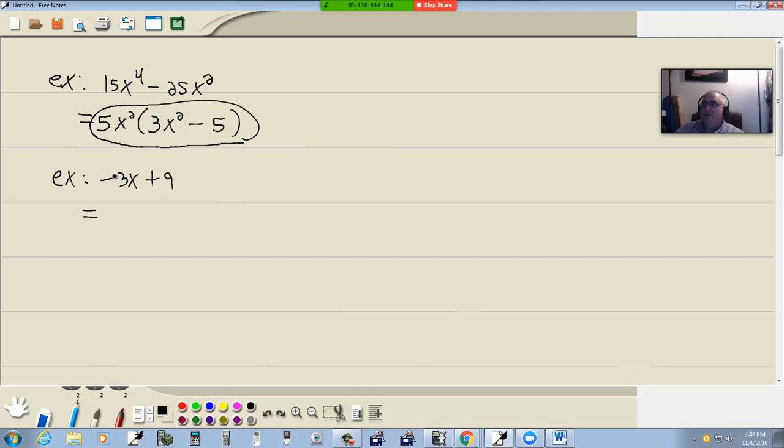Okay, so on this problem, I see my first term is negative, so I know a negative's coming out. Now 3 and 9, the largest number that divides into all those is 3. Well, negative 3 divided by negative 3 is 1 with an x. 9 divided by negative 3 is negative 3. So we're going to have negative 3 times x minus 3. And that's our answer.